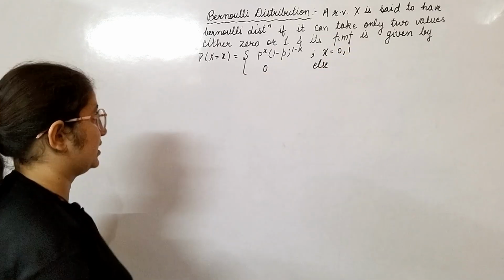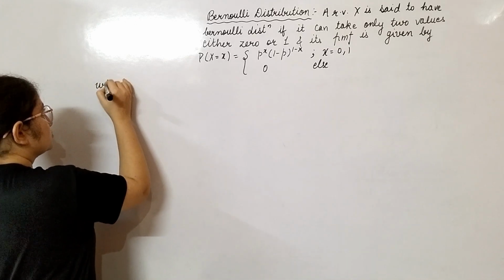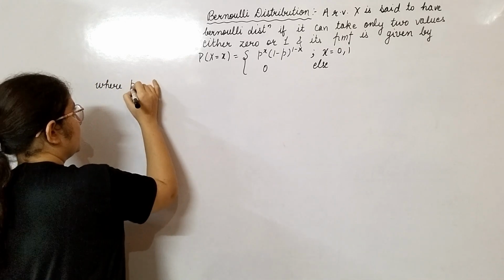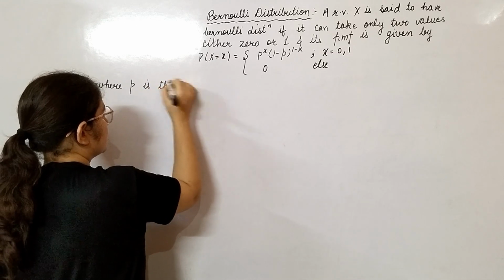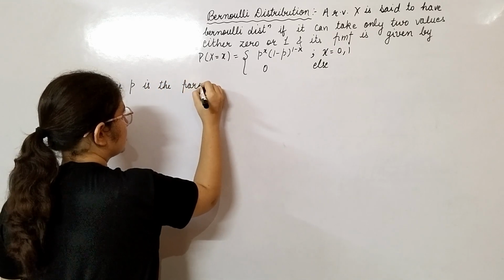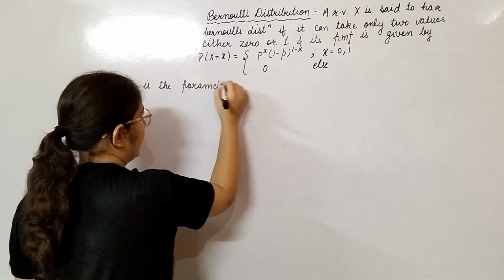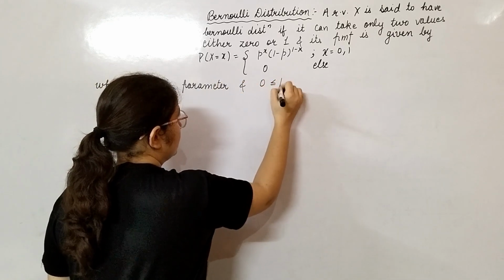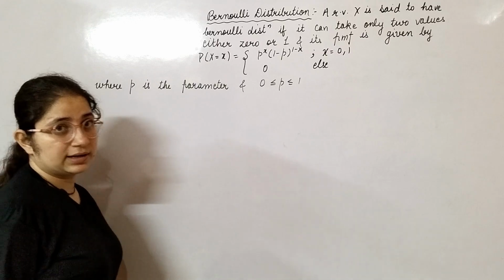This is your probability where p is the parameter, p parameter है and it lies between 0 to 1.